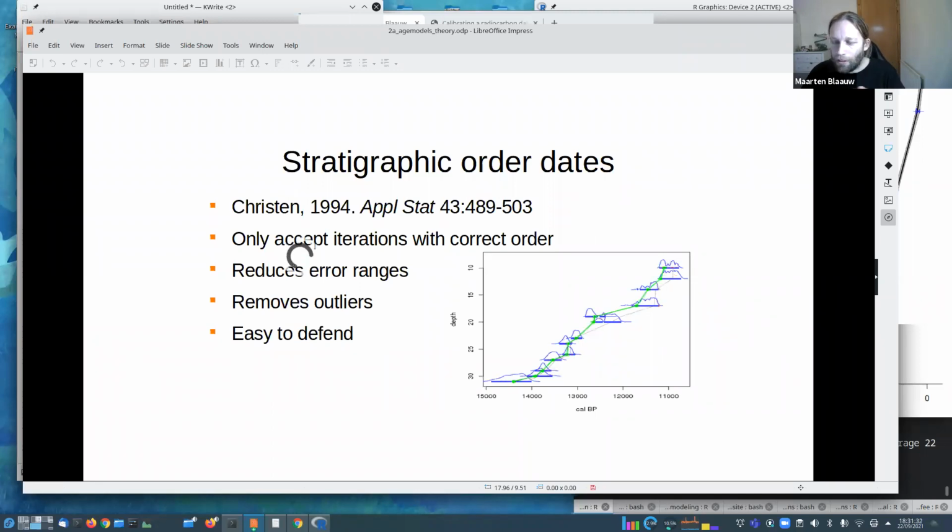And it's simply the process of running many age estimates for your ages, and then only accepting those that are in chronological order. And if there's any reversal, you take those out. You don't want the reversals. And if you do that many times, you can get models that are more precise than the individual calibrated ages, and they will also kick out outlying dates. So that's really useful.